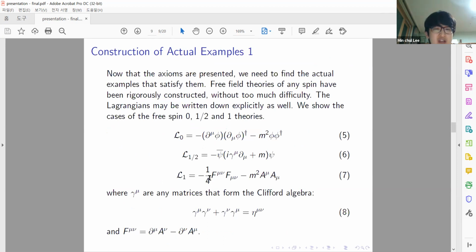So for quantum field theory, now that the axioms are presented, we need to find the actual examples that satisfy these axioms. Free field theories of any spin have been rigorously constructed without too much difficulty in the book of Folland or the book of Barry Simon, or in many references.